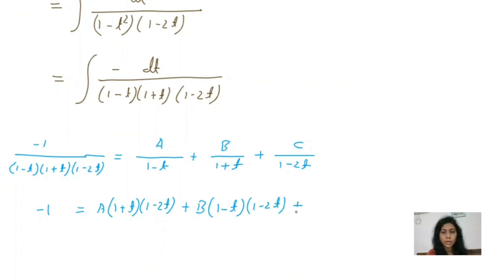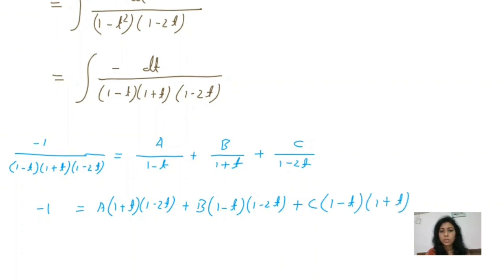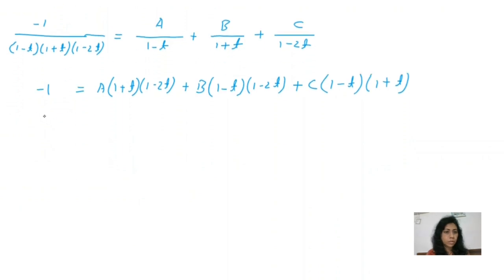And here C, 1 minus 2t cancels, so we get 1 minus t, 1 plus t. Now we have to find out A, B and C values.